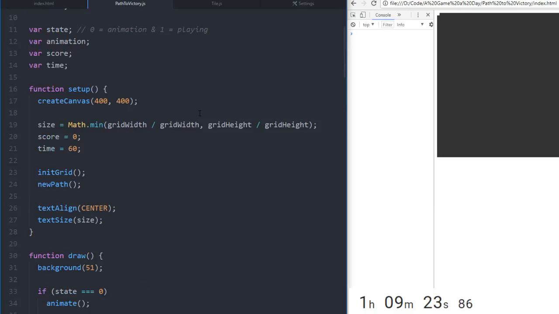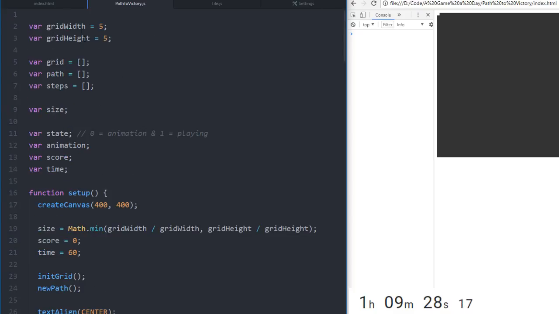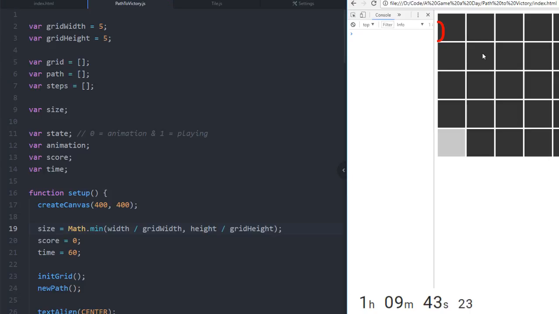Grid width. Var grid width equals 5. Oh, shucks. Height. There we go.